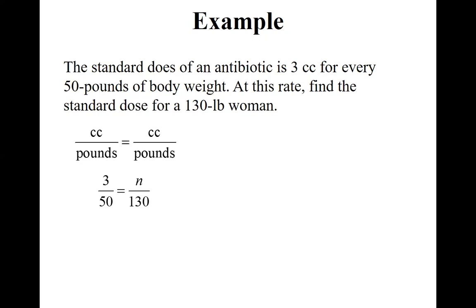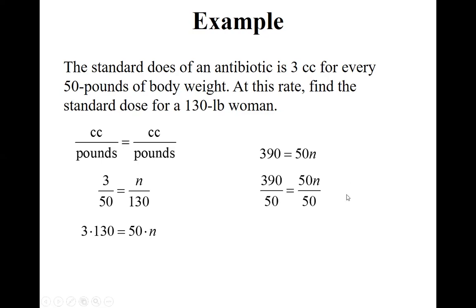Take the cross products, set them equal. 3 times 130 equals 50 times n. That's 390 equals 50n. Divide both sides by 50 to get the n by itself.